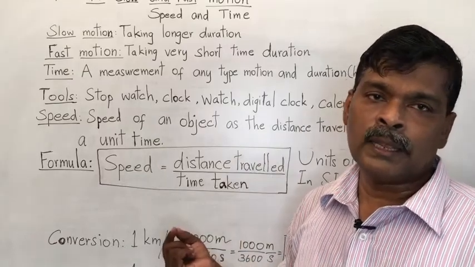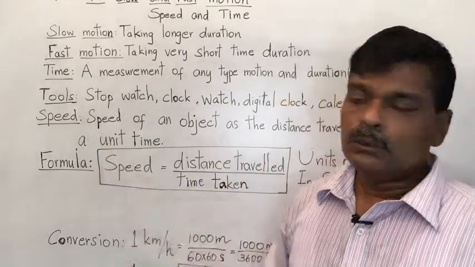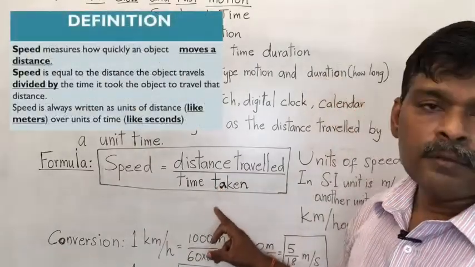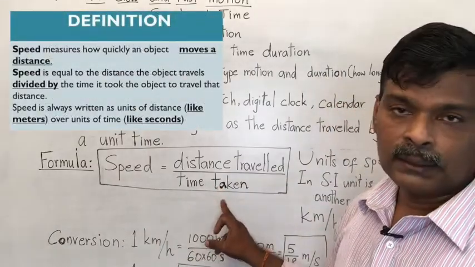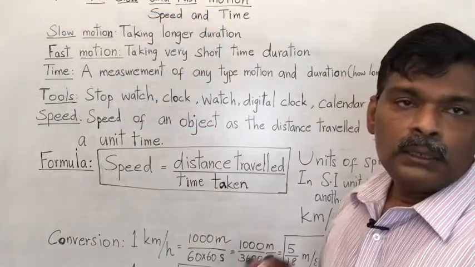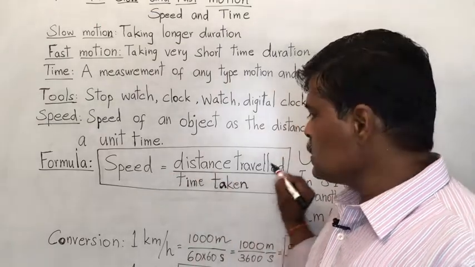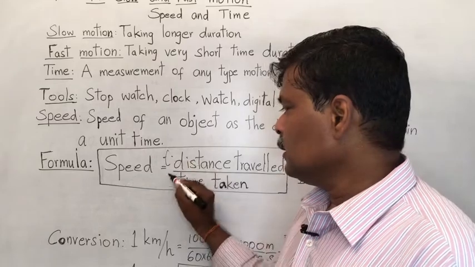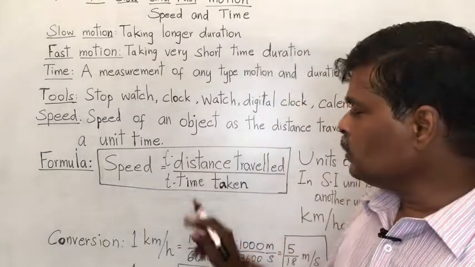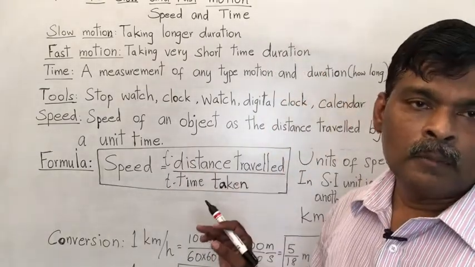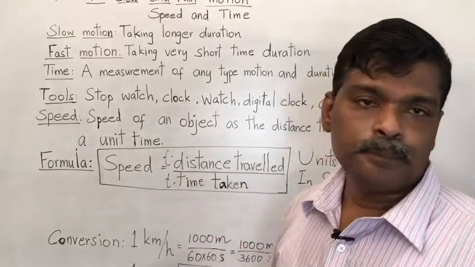So we divide the total distance traveled by the total time taken.